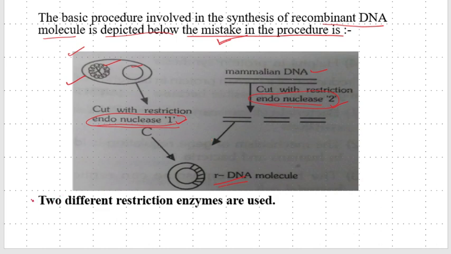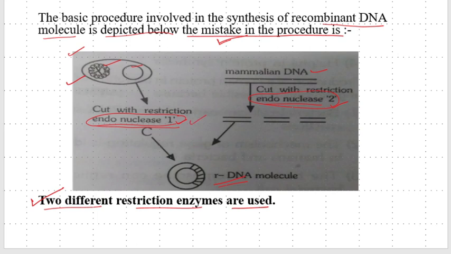There are many options, and one option says two different restriction enzymes are used. We should remember that when we cut the DNA of the host or any foreign gene, alien gene or gene of interest, we should use only one type of restriction enzyme.